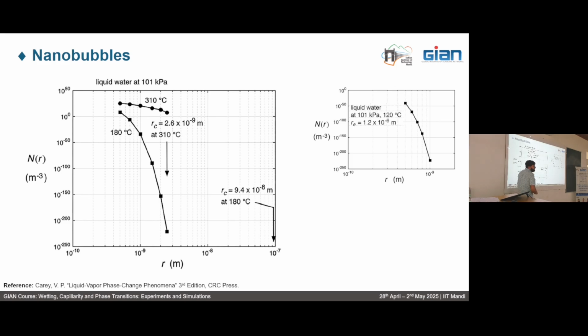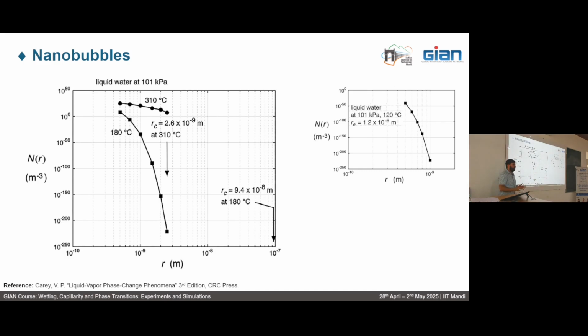But this also points to one more thing. You can see that this graph is decaying very fast. And it might happen that this graph is not able to reach here, and this is the point where the radius of the homogeneously nucleated bubble is present. It means that in actual cases, homogeneous nucleation is almost impossible.